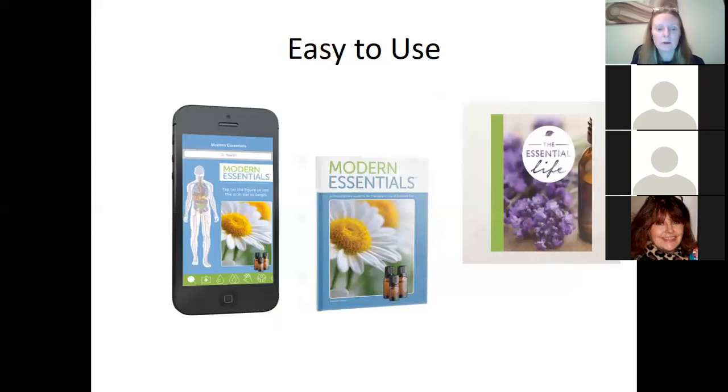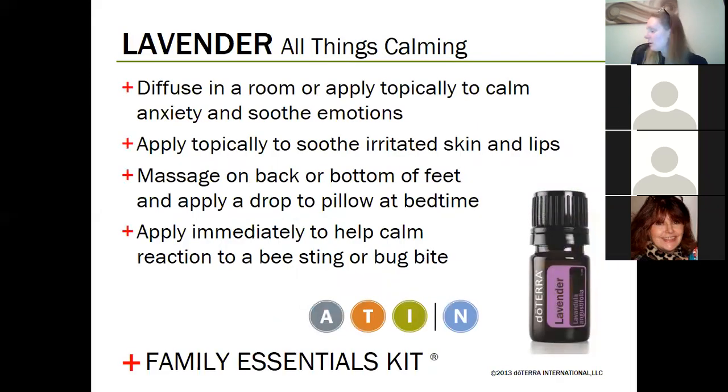You can type in your ailment and it'll give you what oils to use, or you can type an oil in and it'll tell you all of the different uses. And the same then for the Essential Life book as well. So this is a bit like our Bible that we use whenever we need any advice on how to use the oils. All right, so that is what we would recommend that you get if you were going to be getting involved with the oils.